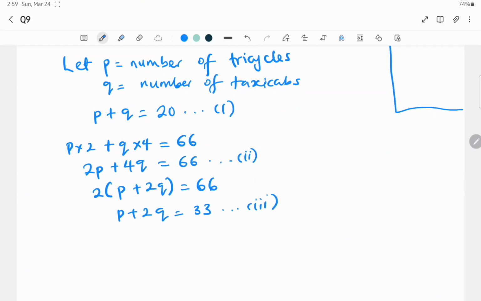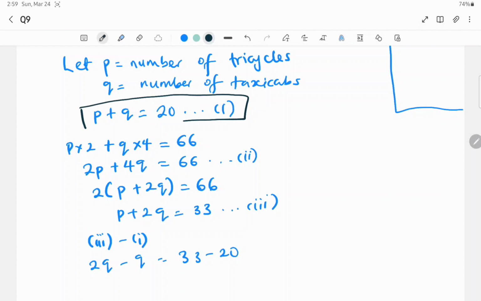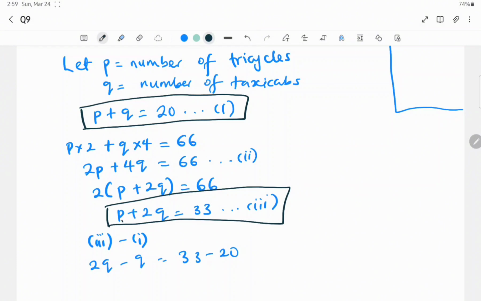In equations 1 and 3 that I'm about to solve, P has the same coefficient, 1, so it is easy to eliminate P. If I say equation 3 minus 1, I have 2Q minus Q equals 33 minus 20.